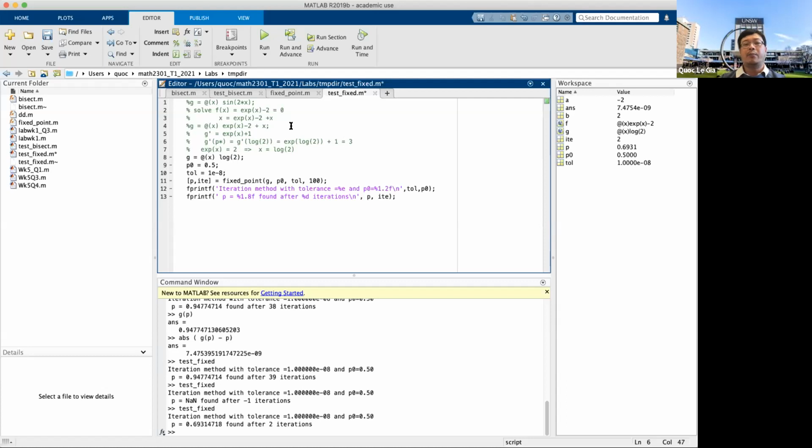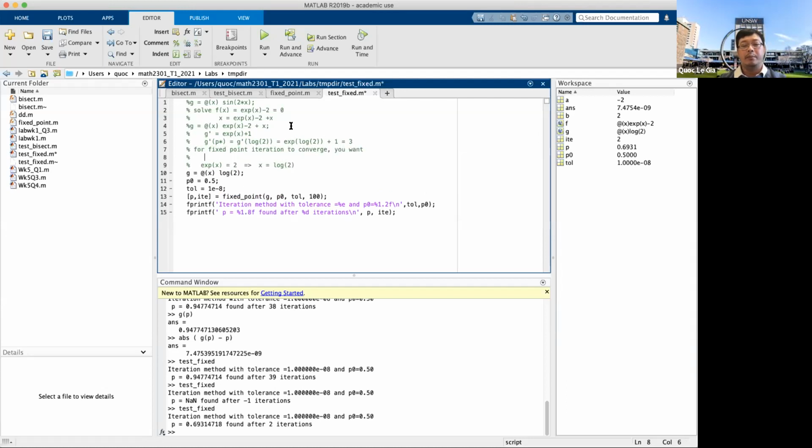And remember, for fixed point iteration to work, g prime at p star has to be... what is the condition? Yes, less than 1. So for fixed point iteration to converge, you want g prime at p star to be less than 1 in absolute value.